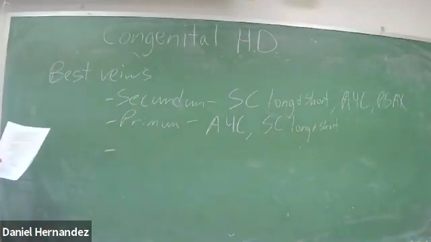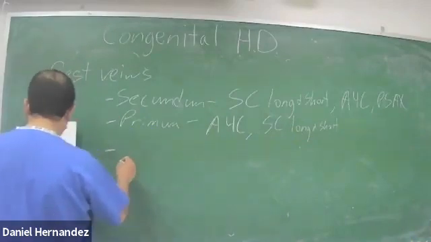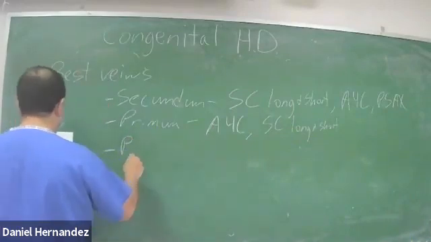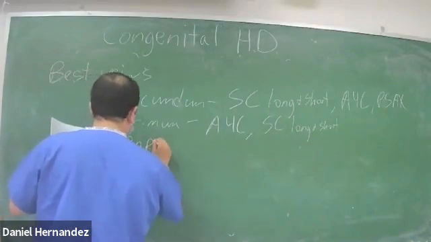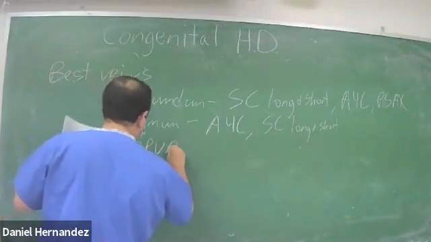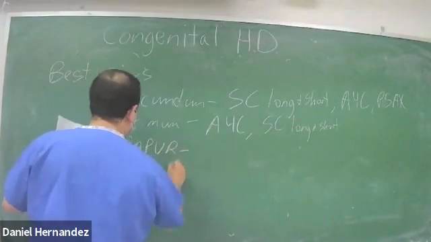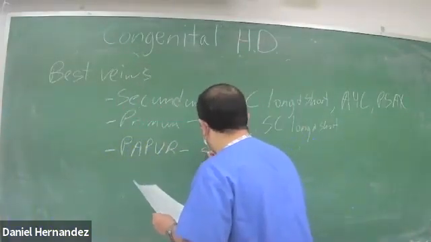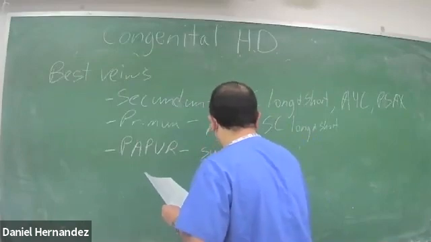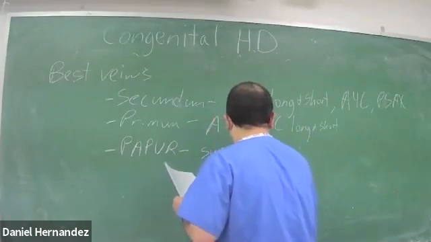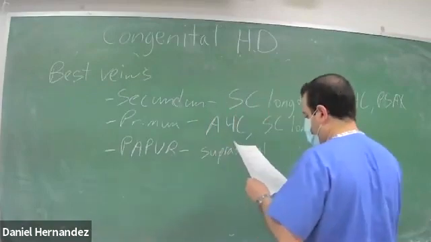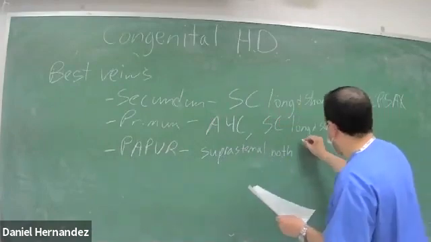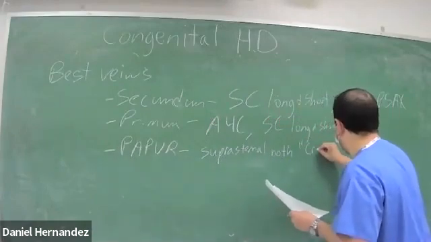Our best views for our partial anomalous pulmonary venous return, PAPVR. This is actually something called a suprasternal notch crab view.